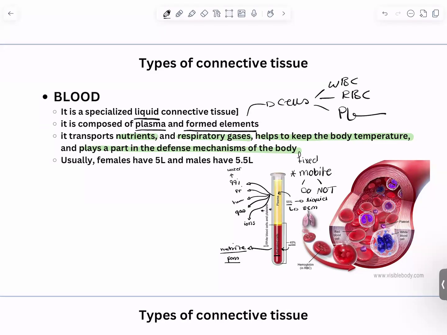What is the nutrient here? Nutrient, it could be ions, it could be proteins, it could be glucose, it could be other substances that your body needs. So we have to give it to the blood to transport it to different parts of the human body. Respiratory gases, you know the red blood cells. They are responsible to carry the oxygen, carbon dioxide in general, and also help to keep the body temperature constant.